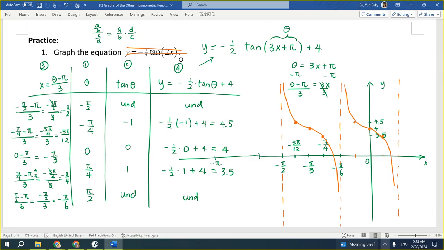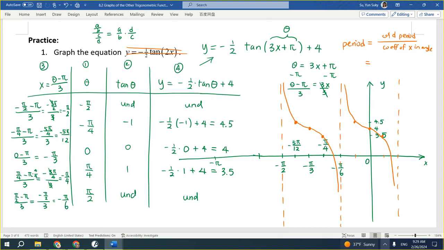Okay. So this is the graph of tangent. Do we have amplitude for the tangent or cotangent? No, because it goes to infinity, minus infinity. We don't have amplitude. But the period, what is the period? It will be the original period over the coefficient of x in the angle.